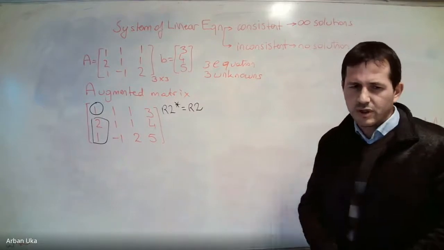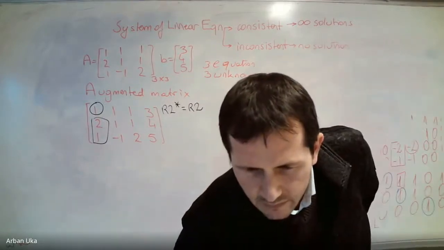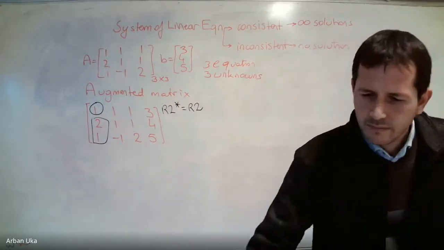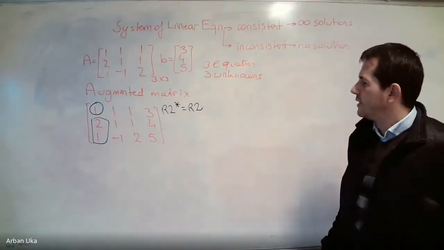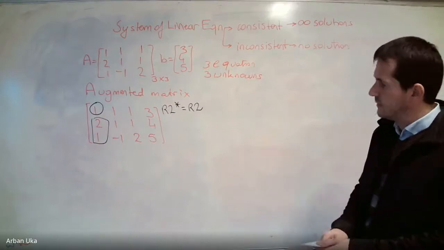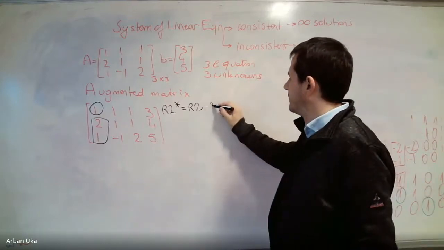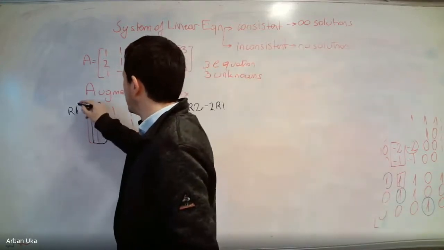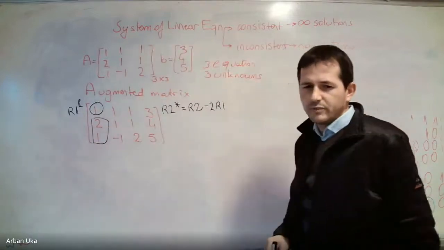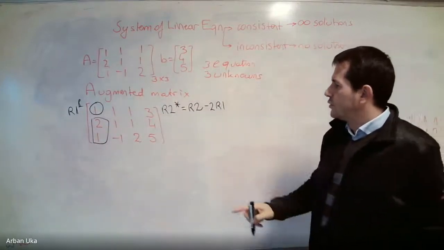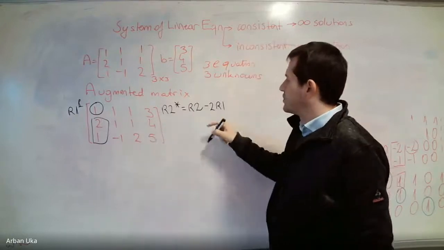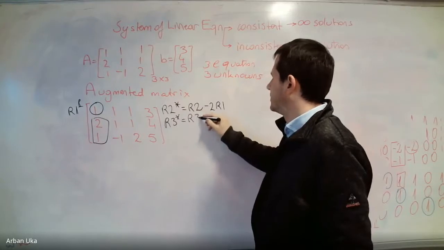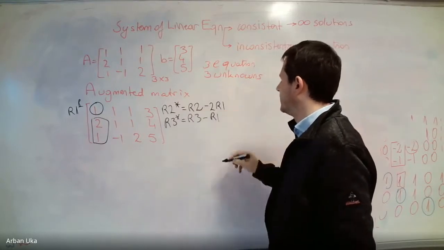So what are we going to get then? Can somebody help me here? So let's not forget, row 1 is a pivot row now. So to make this 0, we have row 2 minus 2 row 1. Row 3 star is equal to row 3 minus row 1.